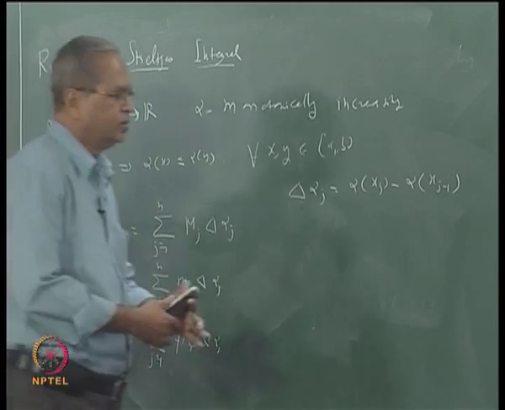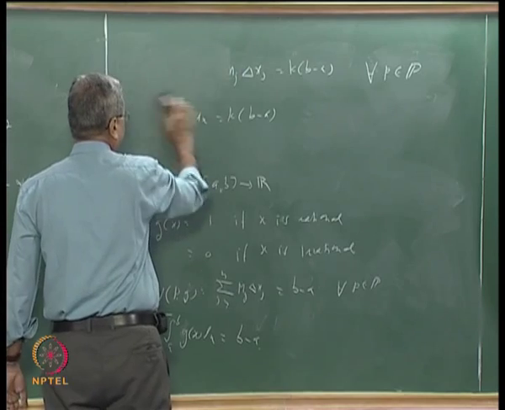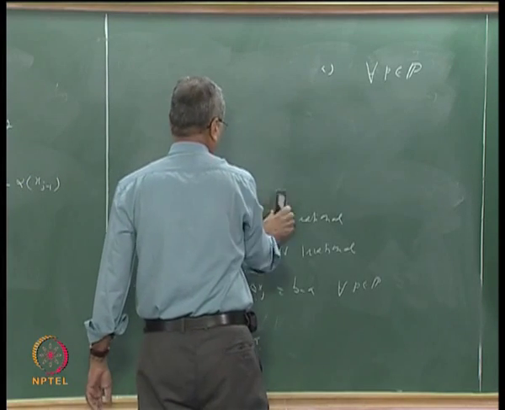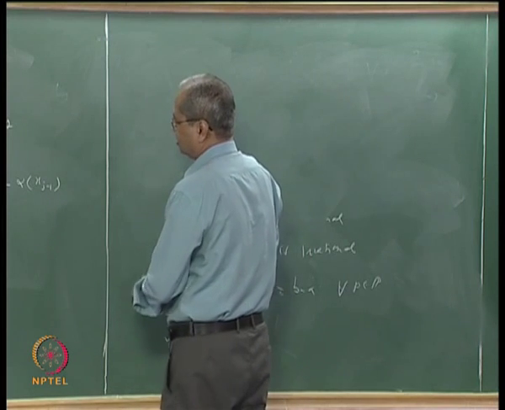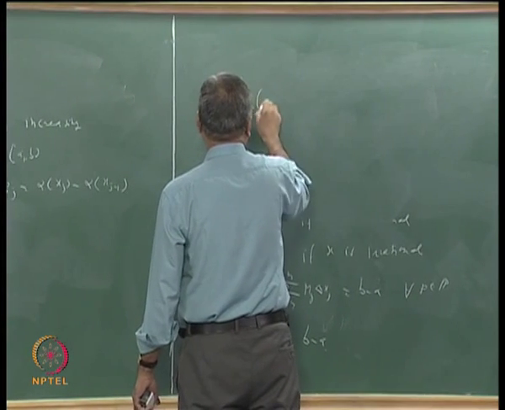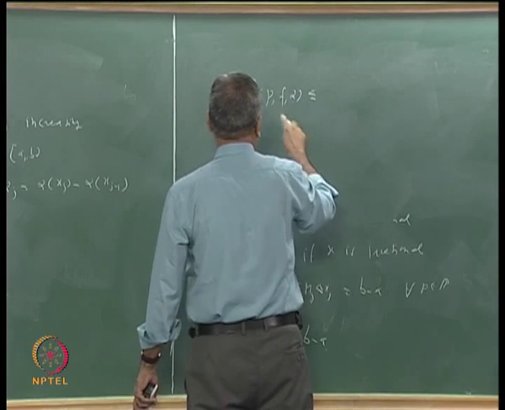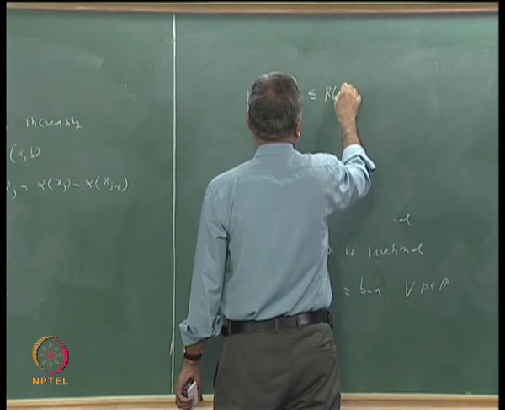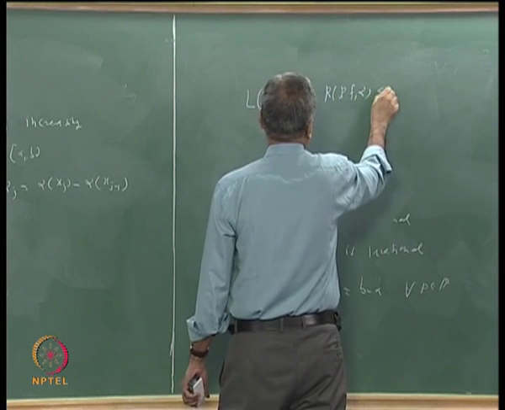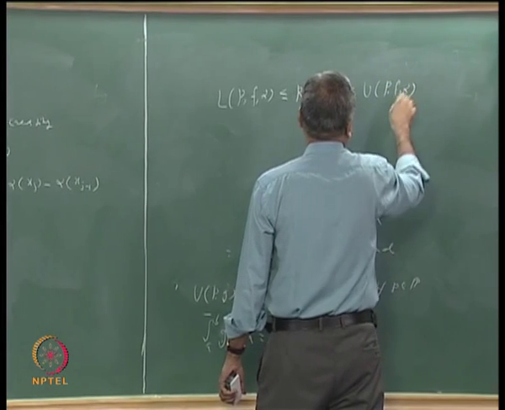Now once having defined the upper and lower sums in this fashion, we also note the following inequality, namely that each Riemann sum will lie between the lower sum and the upper sum, that is L(P, f, alpha) is less than or equal to R(P, f, alpha), and this is less than or equal to U(P, f, alpha).